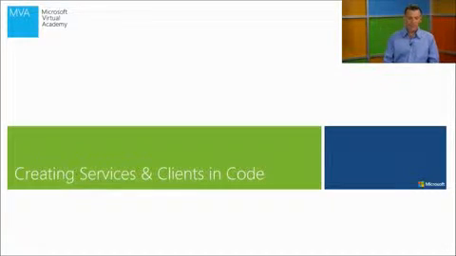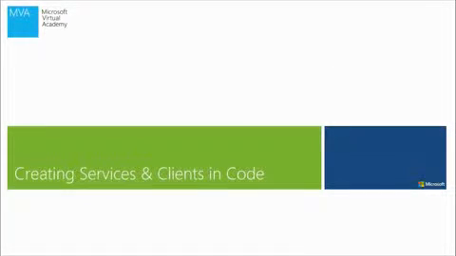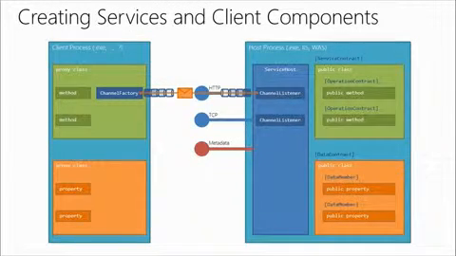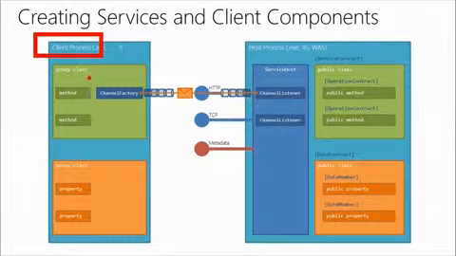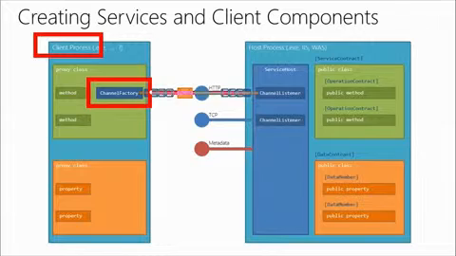So again, this is all about creating services and clients in code. I've talked to you a bit already about the flip case service in earlier modules. So let's take a look at how we might go about architecting something purely with code. Notice here on the left we've got the client process. It's using the channel factory object to communicate over here to the service.